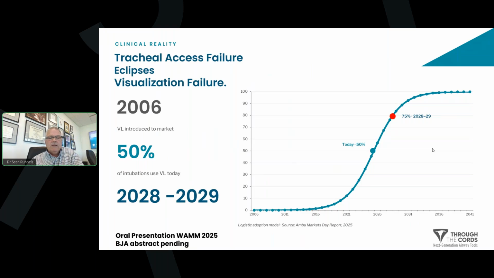We also need a new theory that is not coupled to visualization to understand how we can improve. So tracheal access eclipses visualization failure as the main intubation failure mode, and that's expected to happen in 2028, 2029.